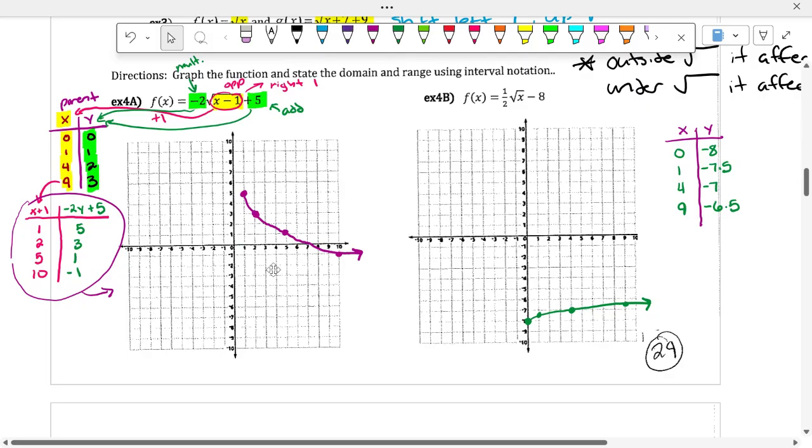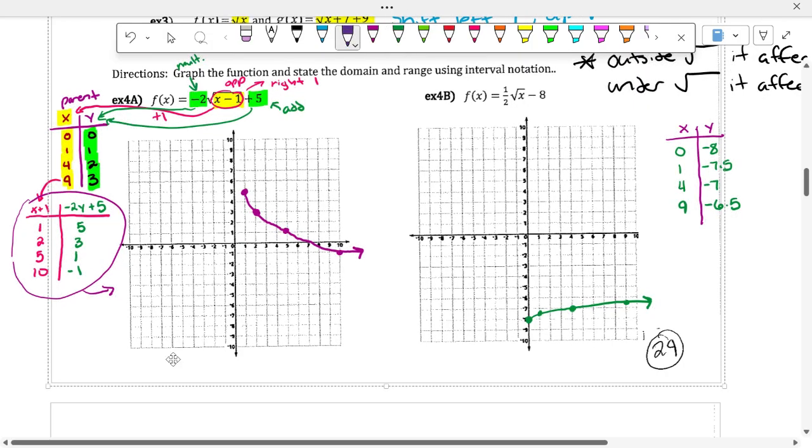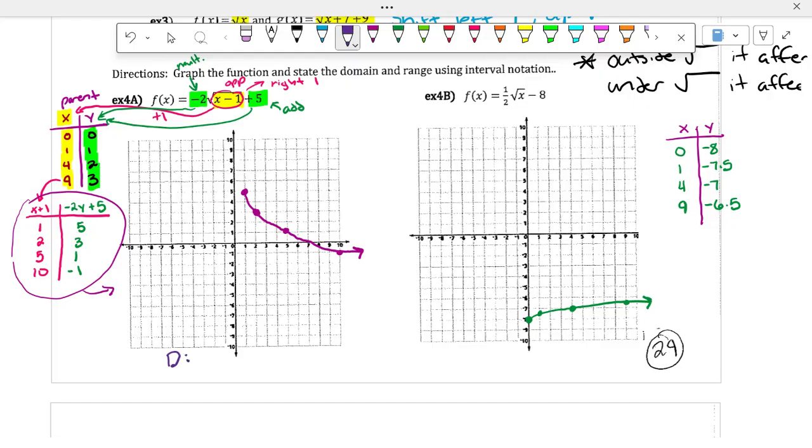So for this first one, the purple one, what will be the domain? So what's the lowest x value? Not 0. Nope. What's the lowest x value? Left to right, what's the lowest x value?